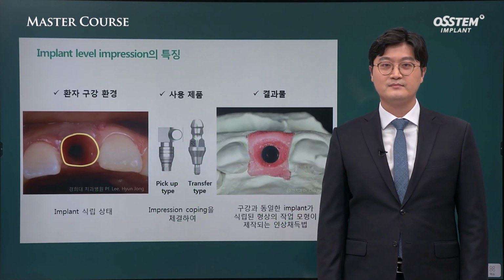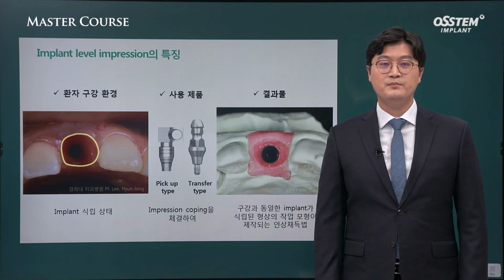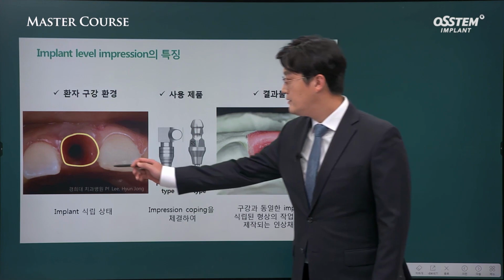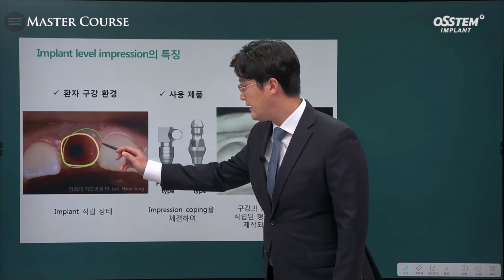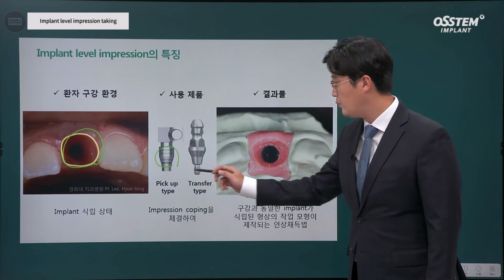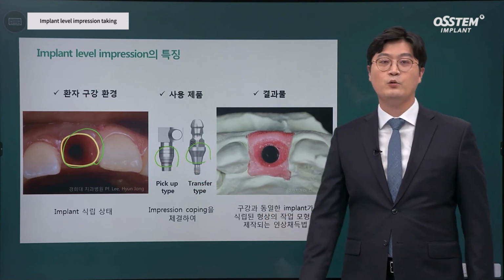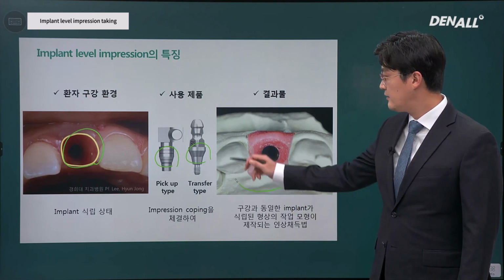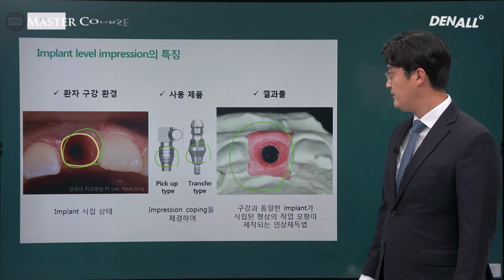Its significance lies in copying accurately the intraoral situation of a patient. Actually, in the mouth, you can see the gingiva where the implant is placed. Pickup or transfer type impression coping is used to take impression, followed by the work on the gum and the gypsum model. The result is like this.